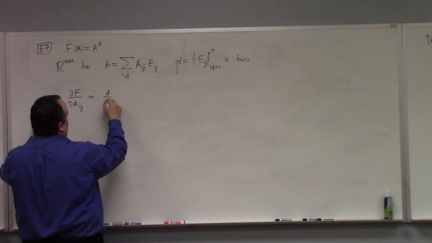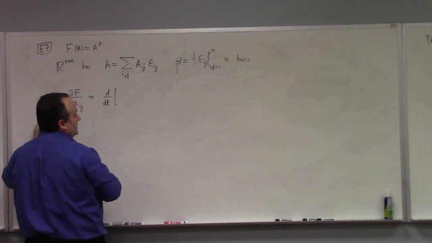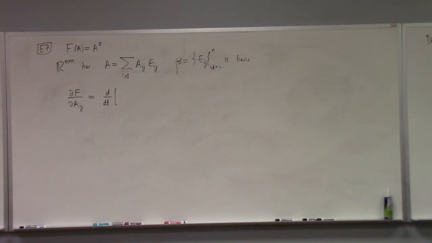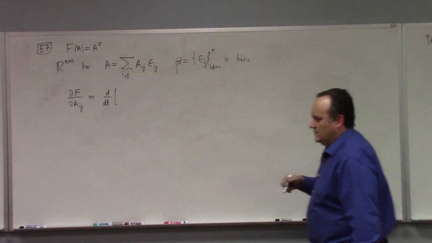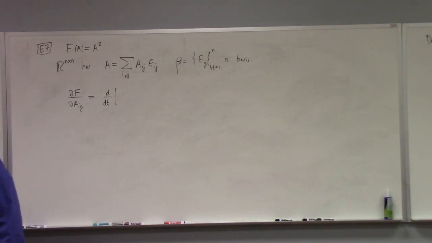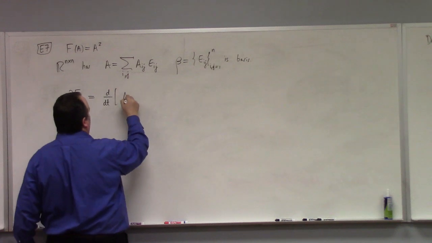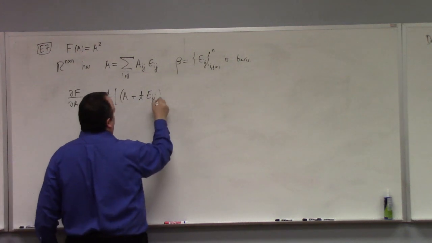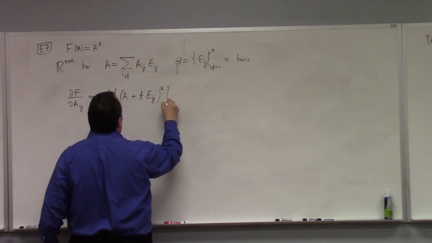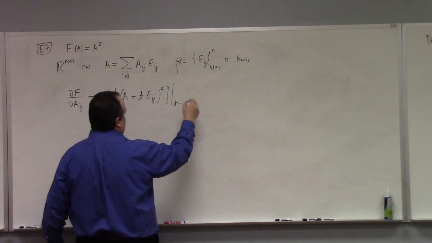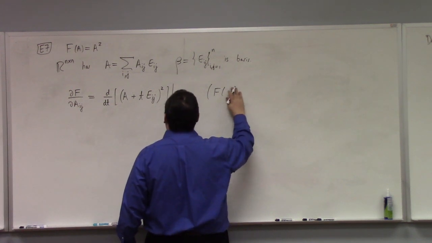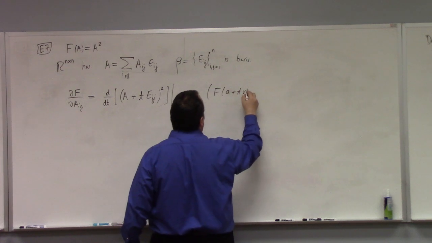If we want to calculate partial f, partial a_ij, one way to look at it is d/dt of (A plus t E_ij) squared, and then we evaluate at t equals 0. That's my f of A plus tV.